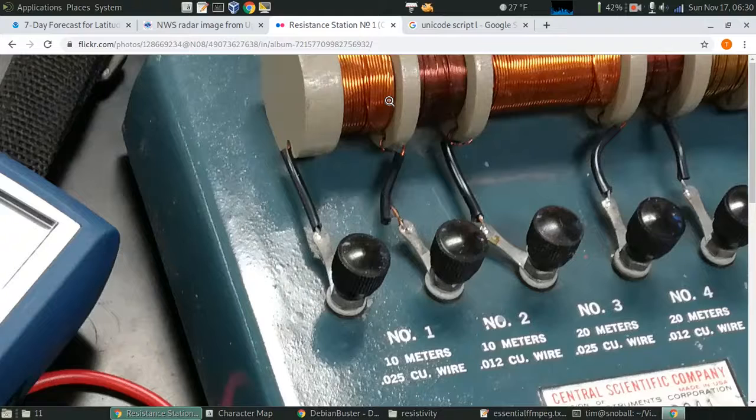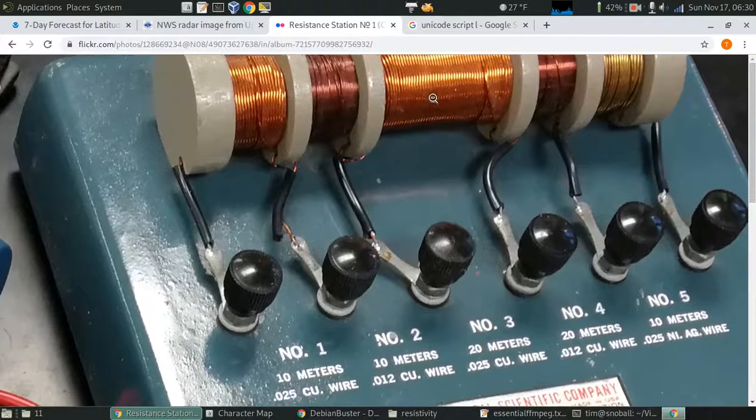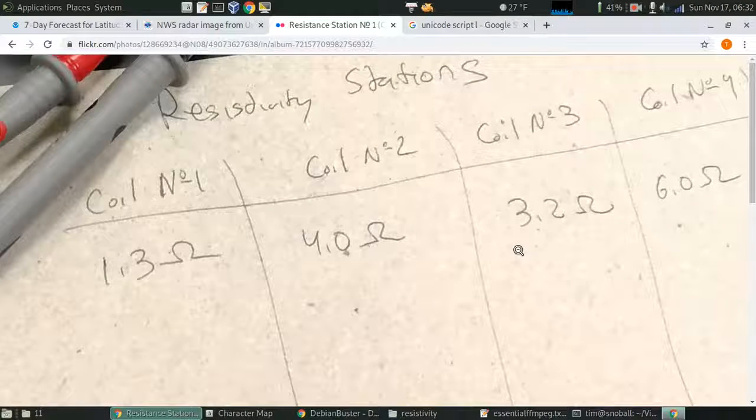So for determining the effect of length on resistance, I think coils 1 and coil 3 would be useful to compare. Also coil 2 and coil 4. So here are those results, and we can see 3 has more resistance than 1 and 4 has more resistance than 2.